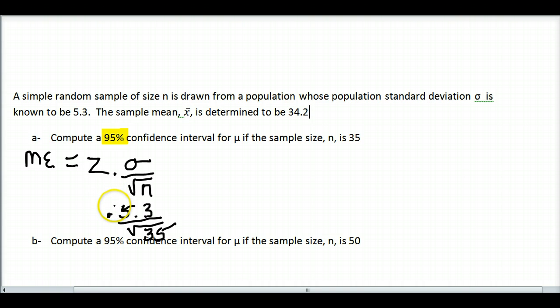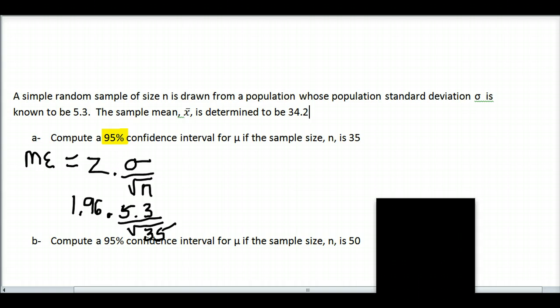If you look on page 410 of your text, you'll see the level of confidence and the critical value, or z alpha over 2 value, given in table number 4. 90, 95, and 99% are the most common confidence levels, so that's what we have for z possibilities. Now I'm 95% sure, giving me a z value, looking this up on the table, of 1.96.